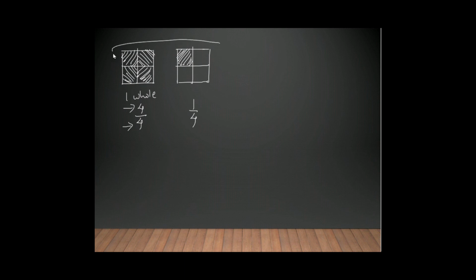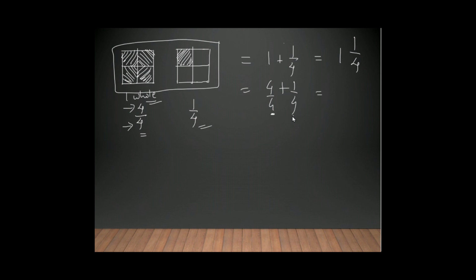Now together this whole fraction form will be 1 whole plus 1/4, or 4/4 plus 1/4. 1 plus 1/4 is nothing but 1 and 1/4, and 4/4 plus 1/4, because I have the same denominators, I will directly add the numerators, which will give me 5/4.